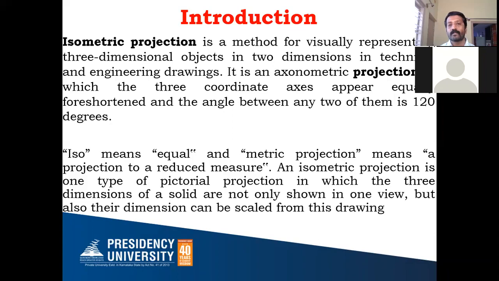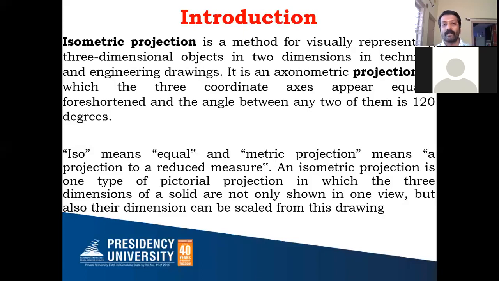It is one type of pictorial projection in which all three dimensions of the solid are shown in one view, and their dimensions can also be scaled from this particular drawing. Now you are able to differentiate orthographic and isometric projection.